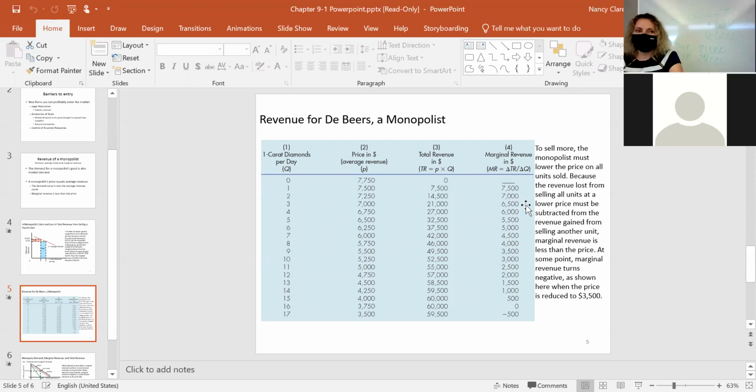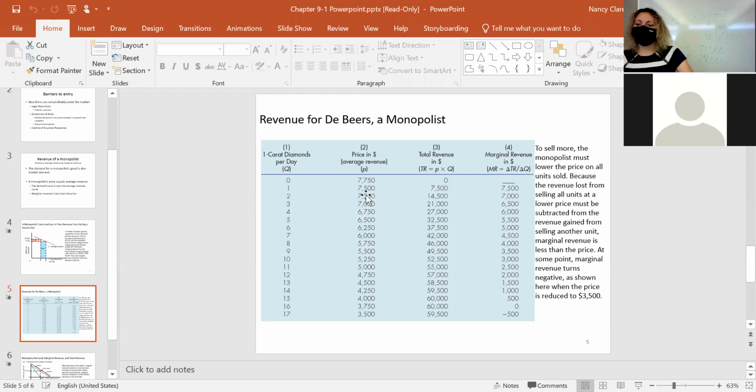What I said to you about marginal revenue, first time I mentioned it, a couple slides ago, is that it's always less than the price after the first unit sold. So you can see here, here's the price, okay? Here's the marginal revenue. Our first unit sold, it's $7,500 for both. But after the first unit sold, marginal revenue is always less than the price.